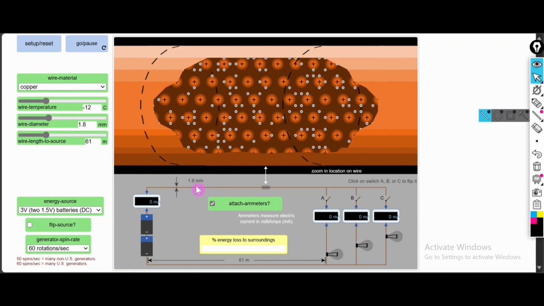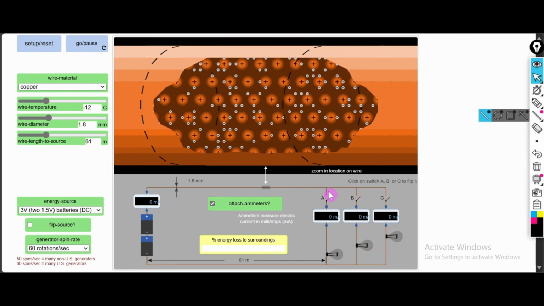We will also discuss the effect of increasing or decreasing the length of the wire on the resistance. Here it will show us the resistance in percent, and it is written as the percent energy lost to the surroundings in the form of heat, and we actually call that energy loss the resistance.